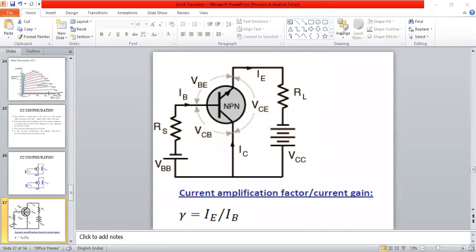Almost we are going to get the same voltage, the same waveform, but according to this diagram, the input resistance is very low. The input resistance is very low because the current is increasing like this. Without any change in the output or input voltage, suddenly the current is increasing.